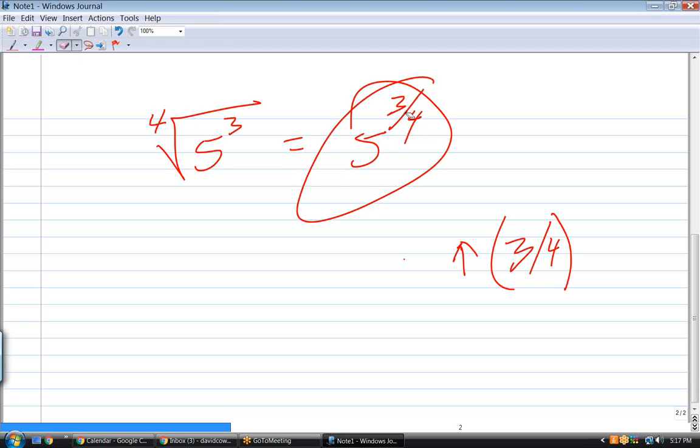I usually convert it to a decimal because then I don't have to use parentheses. If I'm going to put it in fractional format, I've got to use the parentheses. But if I don't want to, I could just put 0.75 down there. A little faster.